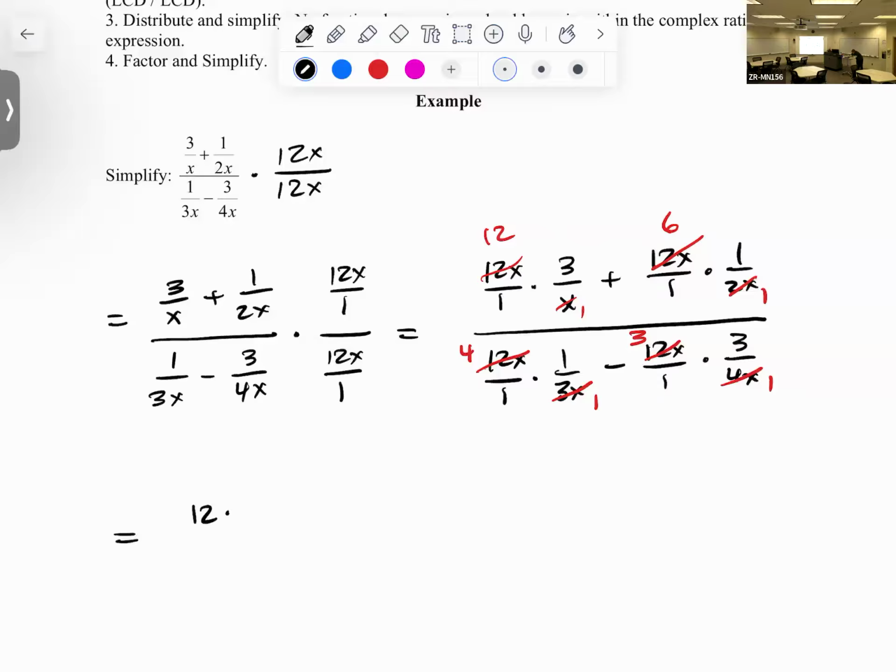I'll write this out slow one more time. That's what that ended up becoming. So let's see, 12 times 3, 36 plus 6, 42. 4 minus 9, -5. And oh, look.